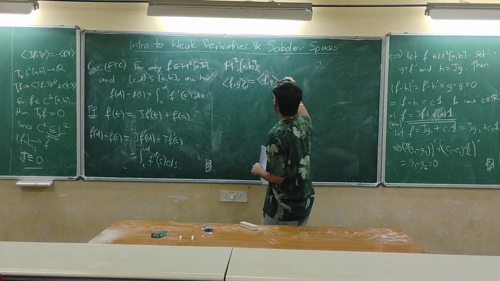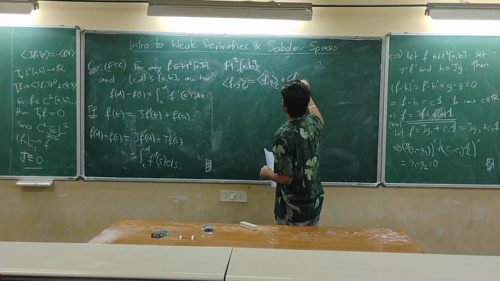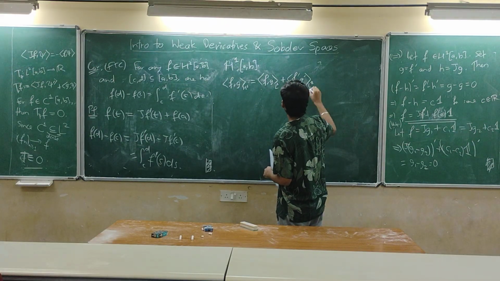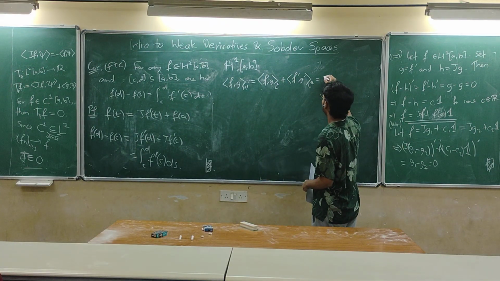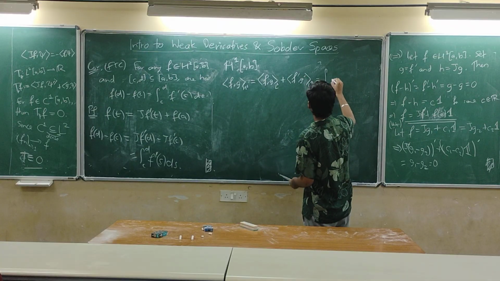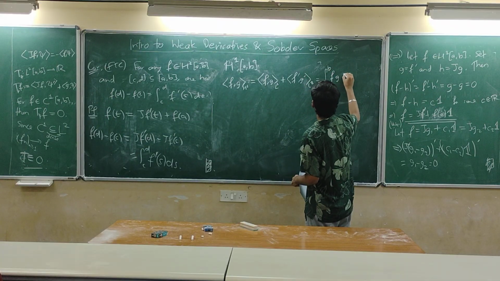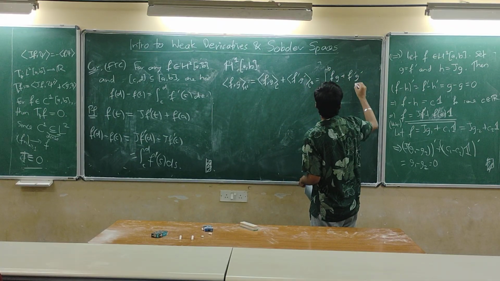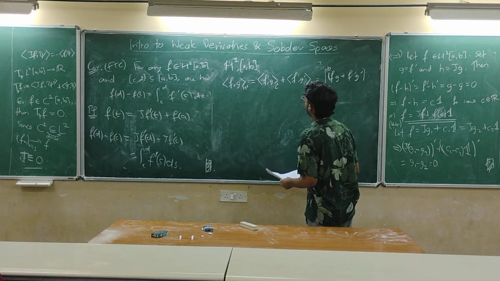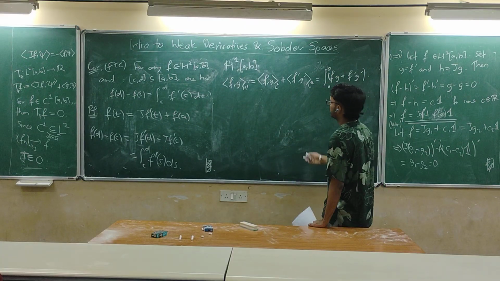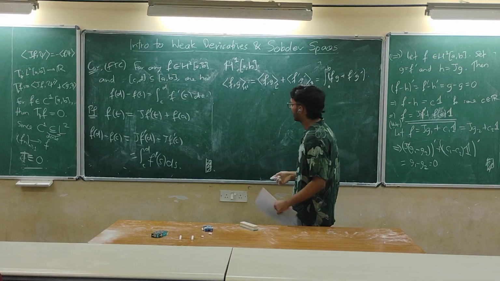I can define it as the inner product of f and g in L squared plus the inner product of f prime and g prime in L squared, which is the integral from a to b of fg plus f prime g prime. You can take this as a valid inner product because it's the sum of two inner products.